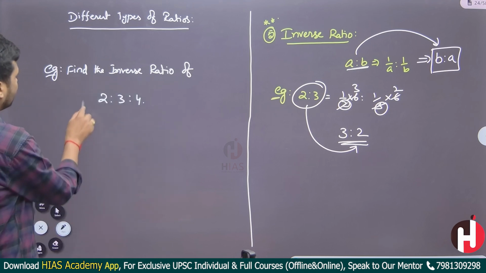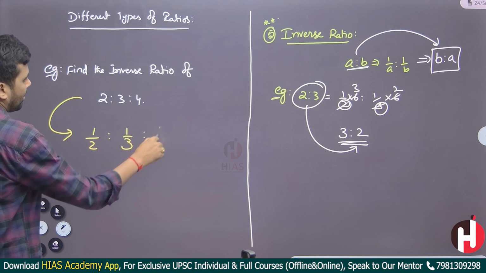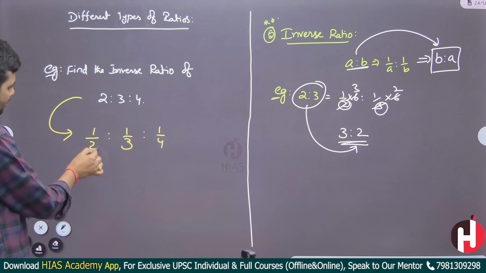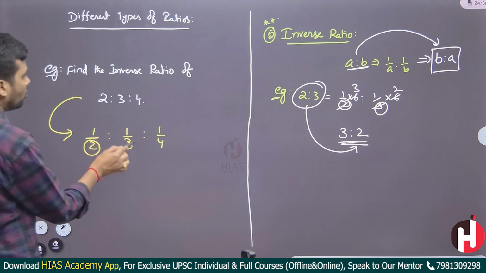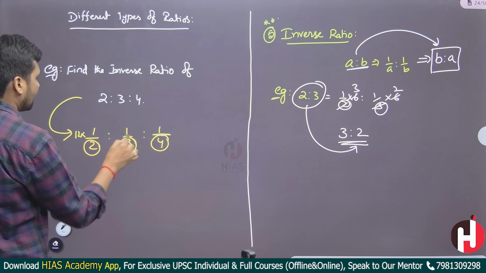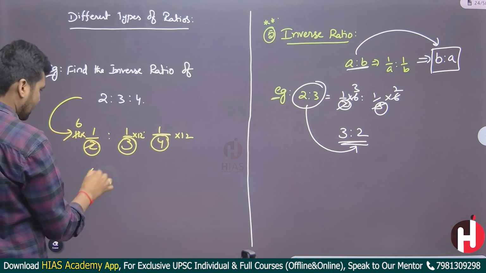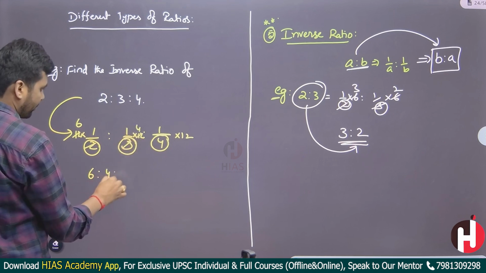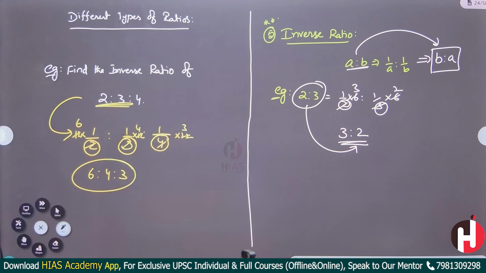Inverse ratio means 1 by 2 is to 1 by 3 is to 1 by 4. Then after that we need to write it in normal integer terms. How? You take the LCM of the denominators and multiply each term with that LCM. So for 2, 3, 4, the LCM is 12. Multiply each term with 12. 2 6s are 6, 3 4s are 4, and 4 3s are 12, that is 3. So the inverse ratio of 2 is to 3 is to 4 is 6 is to 4 is to 3.